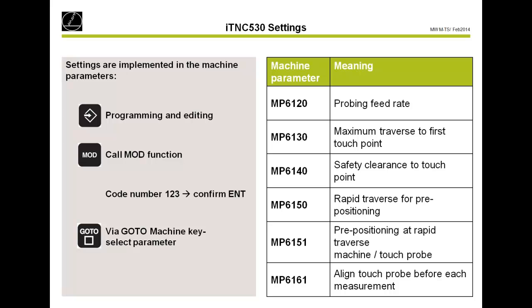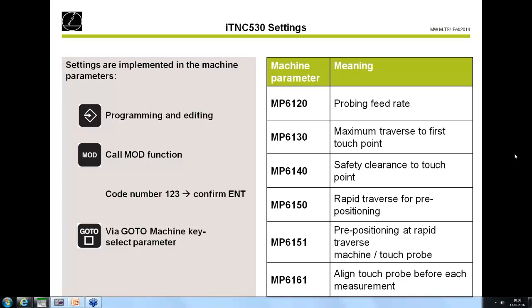For example, you are standing in front of the workpiece, and then you need to define the direction. If you define the wrong direction, the probing system will drive this traverse, and when there is no contact on this traverse, the error message appears that no touch point was hit, and so we can easily stop the probing.